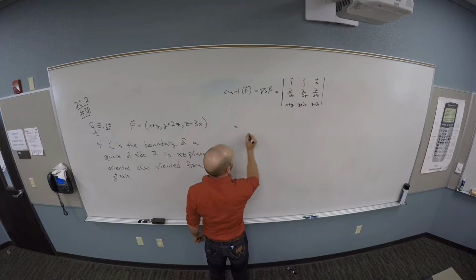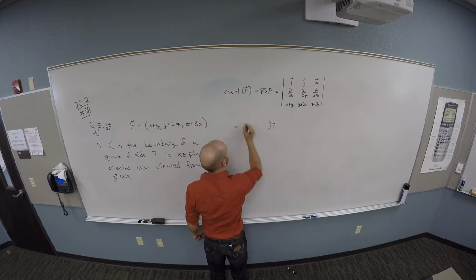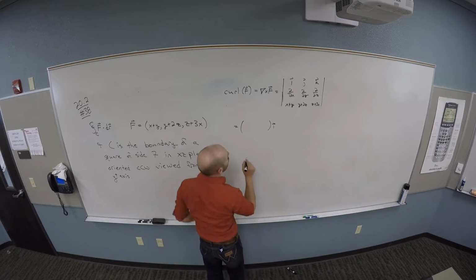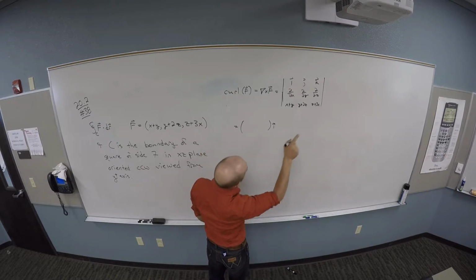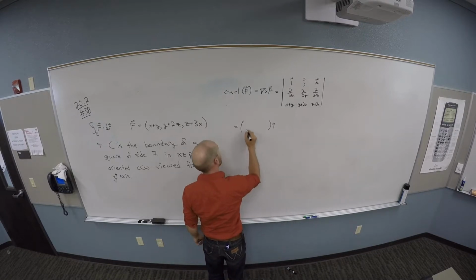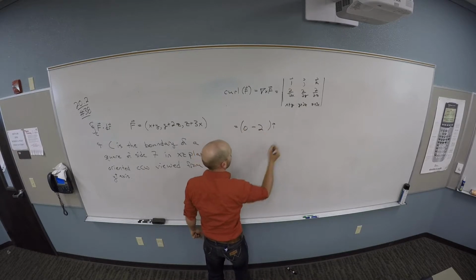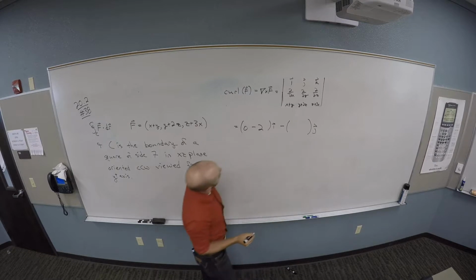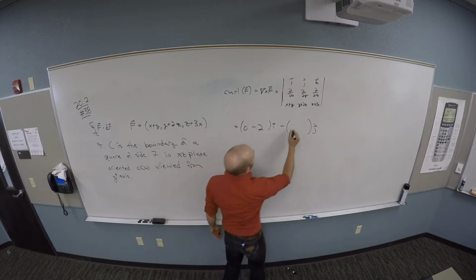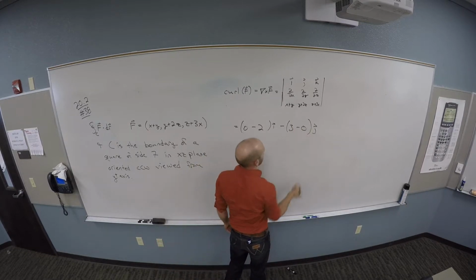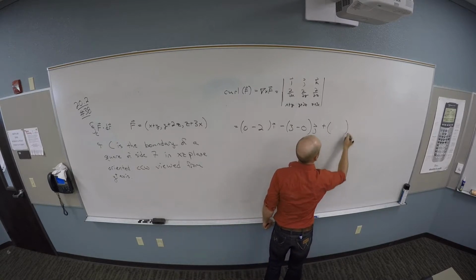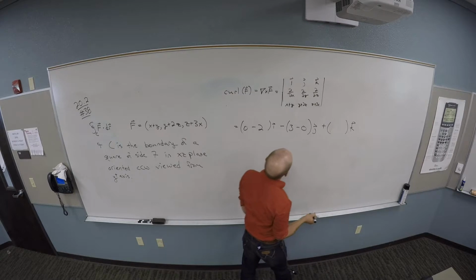So I get on the i's 0 minus 2. And then minus, what do you got in the j's? 3 minus 0. And k's? 0 minus 1.